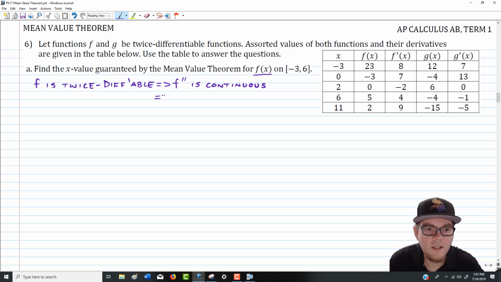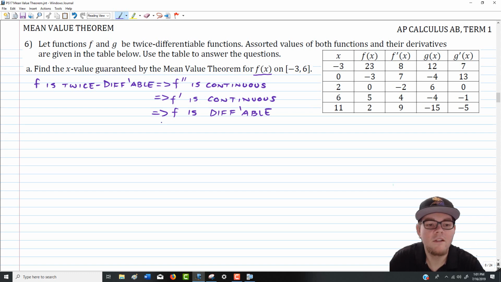If f double prime is continuous, that means, because differentiability implies continuity, that f prime, the function whose derivative is f double prime, is continuous as well. Well, if f prime is continuous, that is the definition of f being differentiable. Its derivative is continuous.